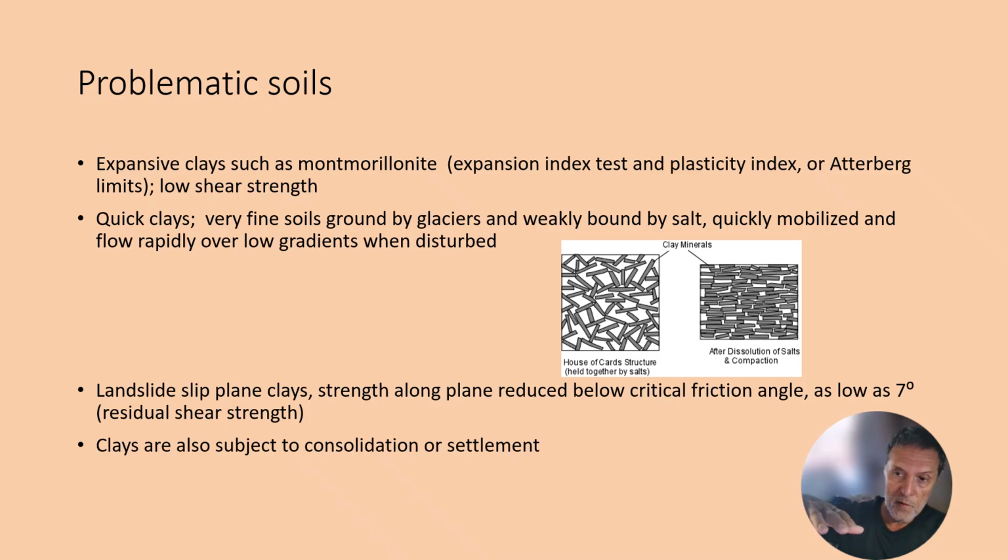As water escapes, they become lower in volume but denser. When you consolidate or press down on clays and they compress, that may lead to settlement of surface layers and settlement of ground up above, which is not a good condition to have.